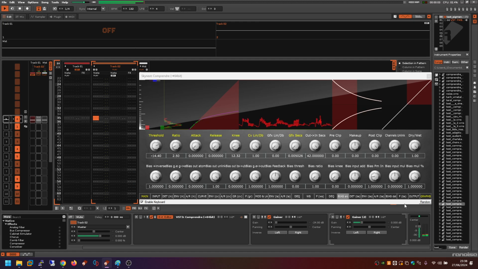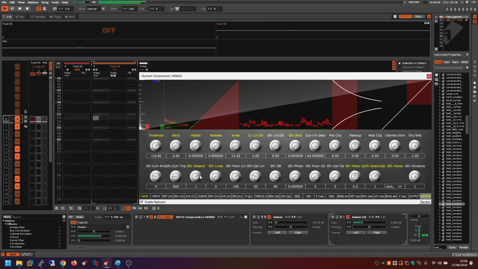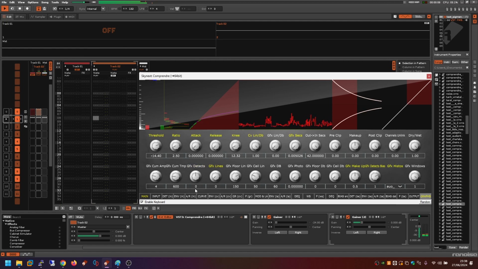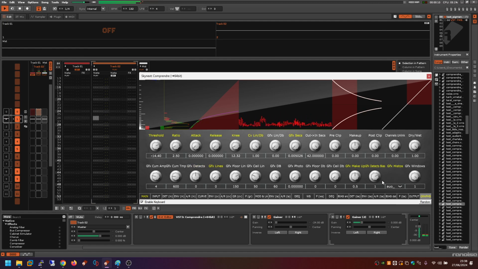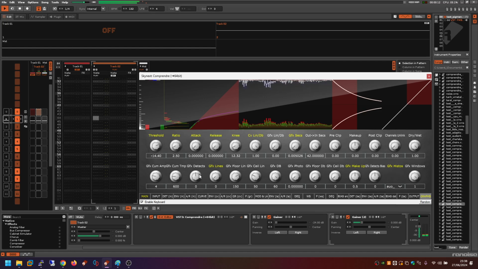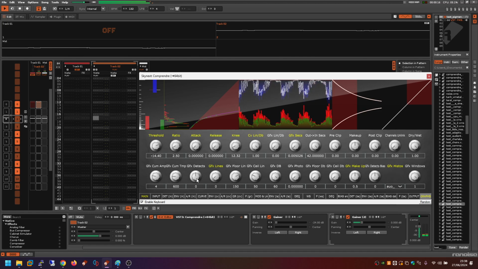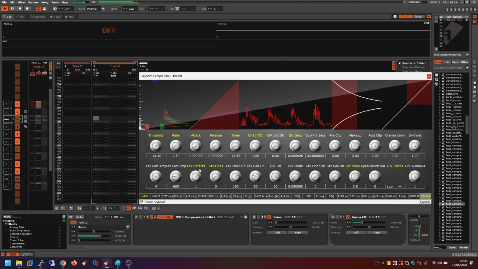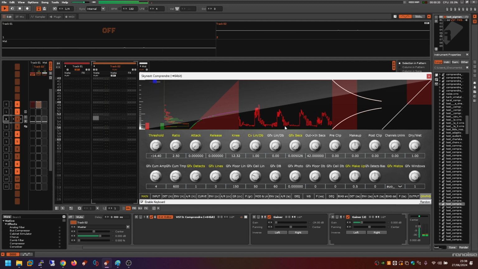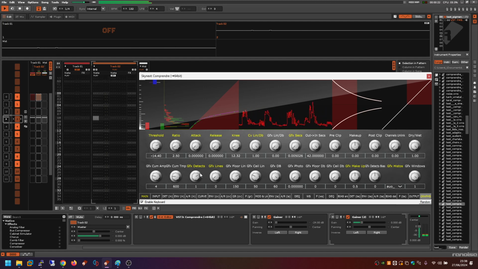So I have put the graph here so that you see only the detector. When you use graphic detect and you put here, you see only the detector.